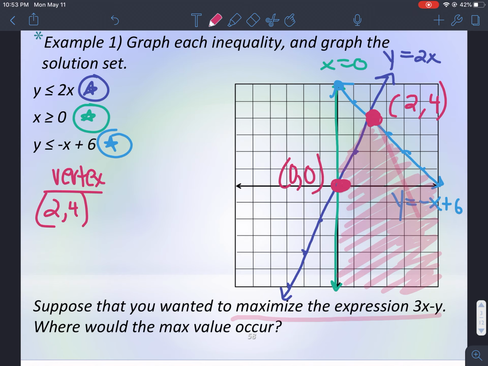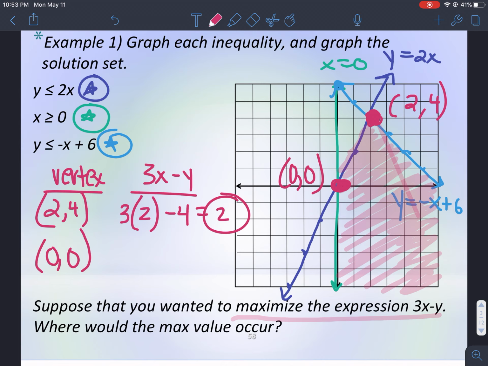and I plug that into the expression 3x minus y, I would get a value of 3 times 2 minus 4, and that's going to be 6 minus 4, which is 2. If I tried the other one, (0, 0), I would get an answer of 3 times 0 minus 0, which is 0.